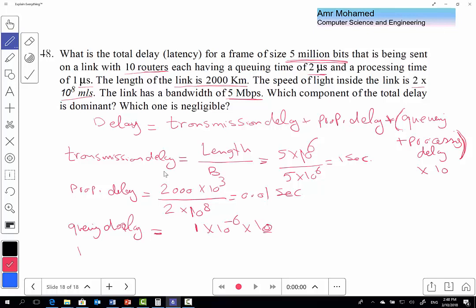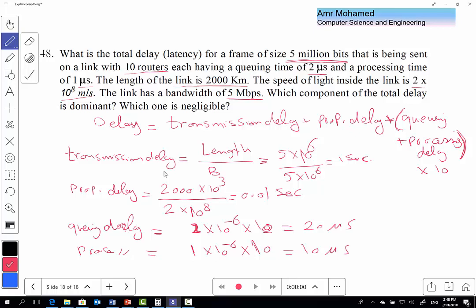So this one is 20 microseconds, and this one is 10 microseconds.